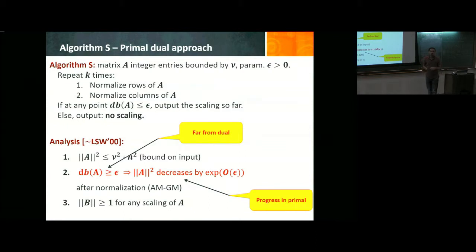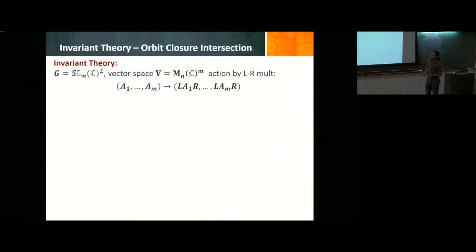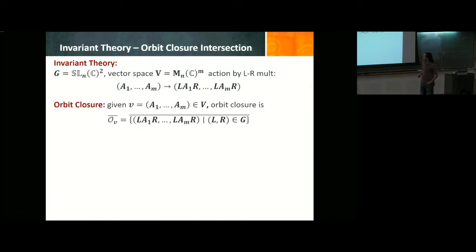Let's talk a little bit about orbit closure intersection, okay? So again, just a recap from Ankit's talk. If I have this left-right action, my group is SLN cross SLN, my vector space is this tuple of matrices, and I have this left-right multiplication. My orbit closure is: take all elements of the group, act on it, and then take the Euclidean closure of the set.